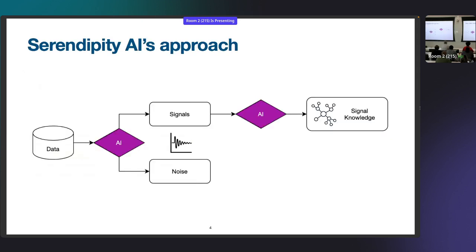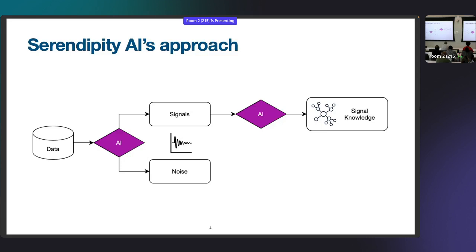Our approach to dealing with this amount of information that is being released every day has two steps. We apply AI at first to identify the signals in this vast amount of data, and basically distinguish the signals from the noise.